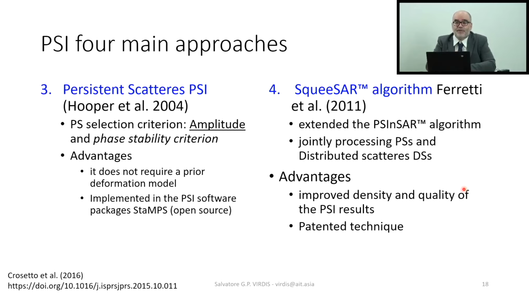This improves the selection of the pixels, increases the density of PS, and also increases the precision and accuracy of the measurement. So SqueezeR is now a reference technique in permanent scatterer interferometry, and again it is a patented technique.